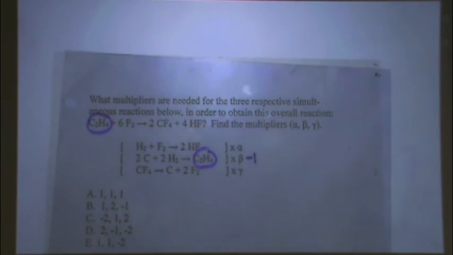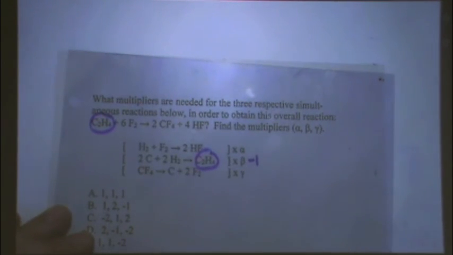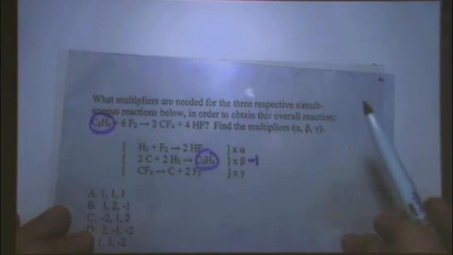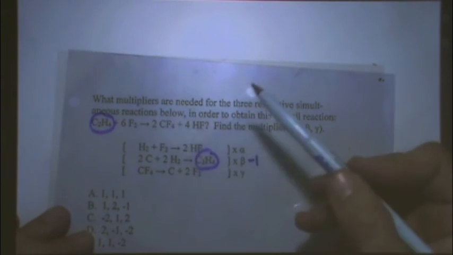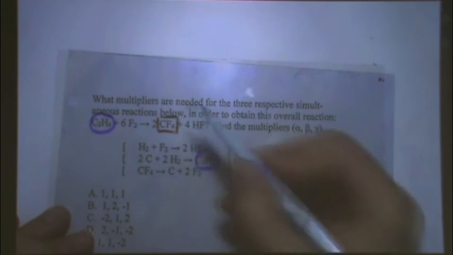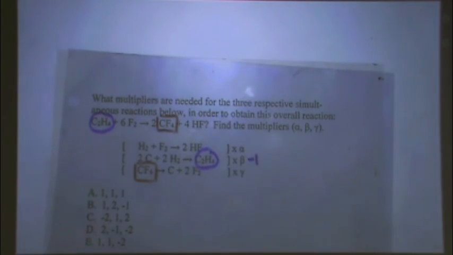Okay, now let's use brown. Would I check out F2? Is that a good one to look at? No, because it appears a total of 3 times. That's too much thinking. How about CF4? Yeah, CF4 appears a total of twice. So that's a good one to look at.